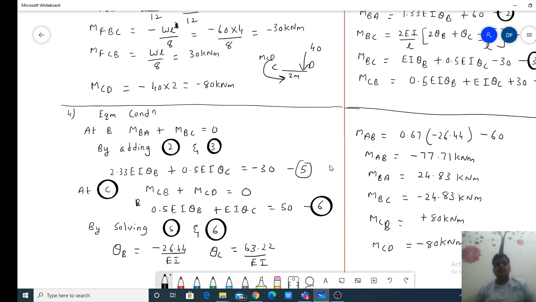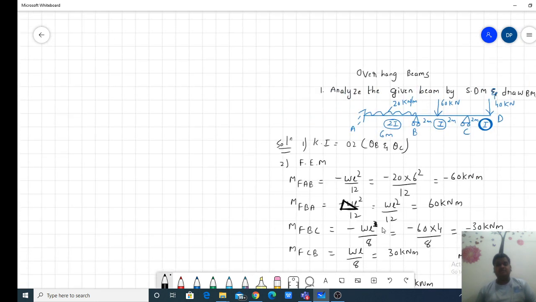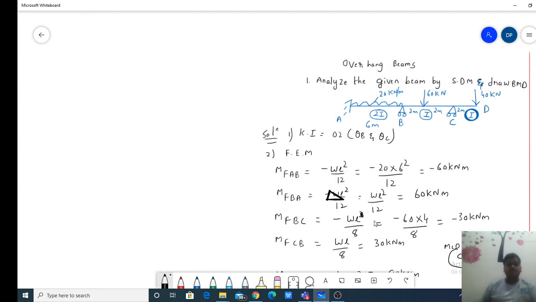Now after all this, what I need to do? I need to draw my bending moment diagram. So for the bending moment diagram, before that I will do the free bending moment diagram. This free bending moment diagram is equal to WL square upon 8.